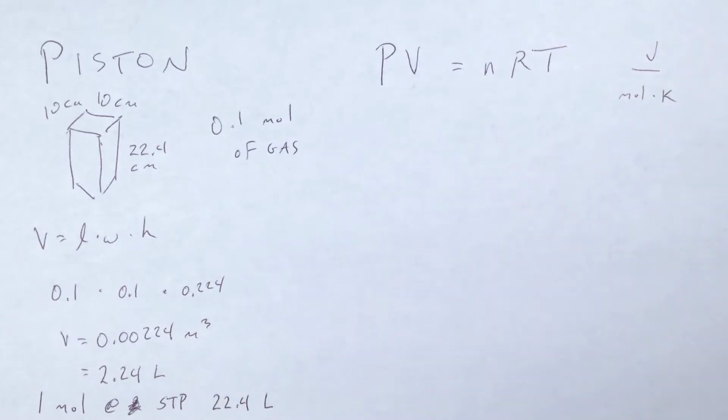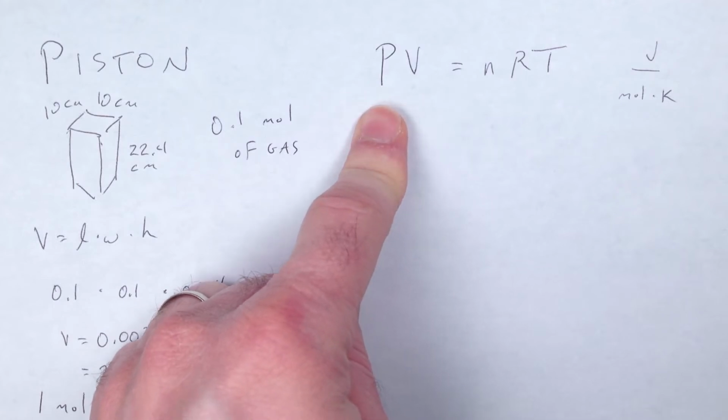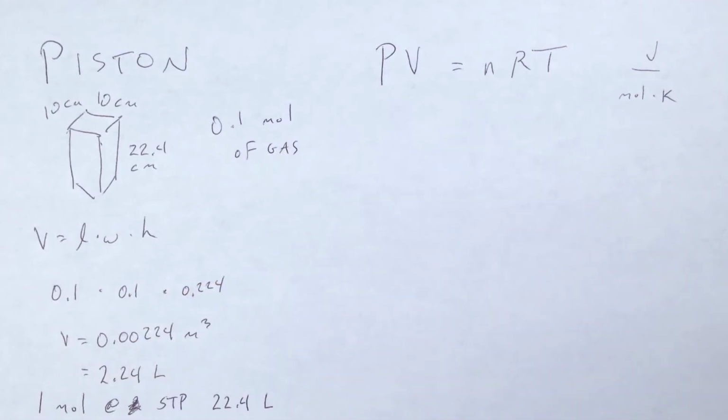And the reason that that's impractical is because you want the units to cancel out. And while joules is equivalent to this other side, it's based on pascals, which are a unit of pressure, which are kind of hard to use because air pressure is like 101,000 pascals.